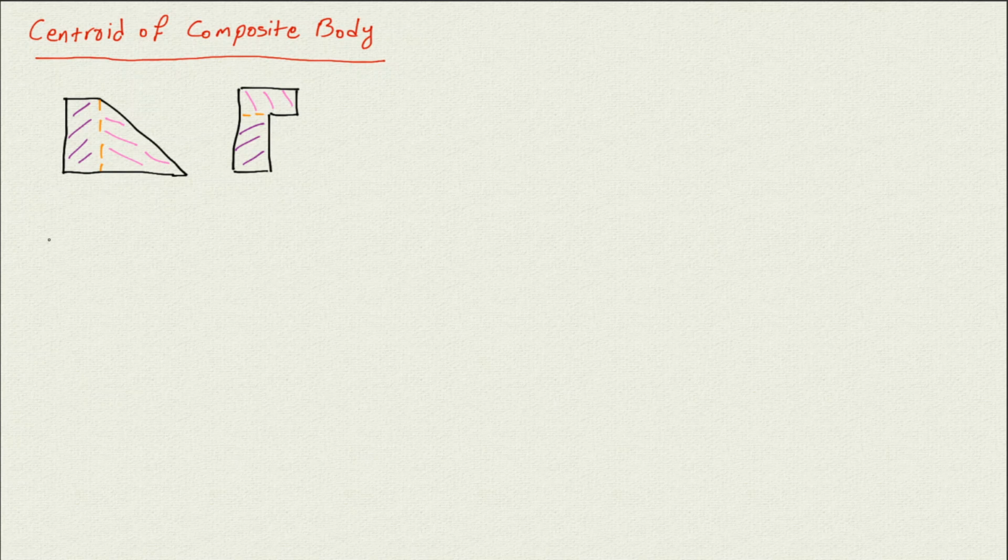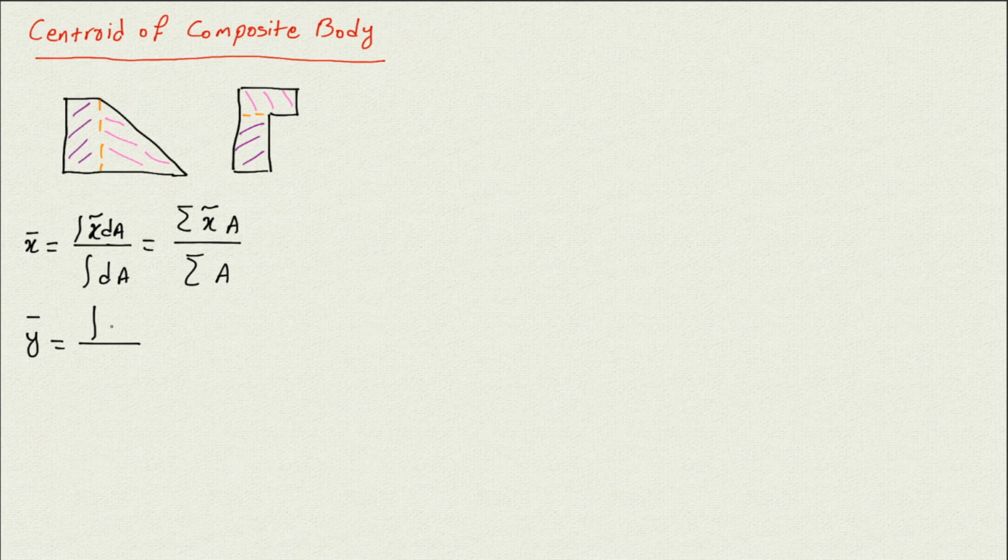For example, we know that the centroid is the integration of x dA, and in such cases we can replace it with the simple summation instead of integration, over sigma A. The same for the y, the centroid of the body in the y direction.